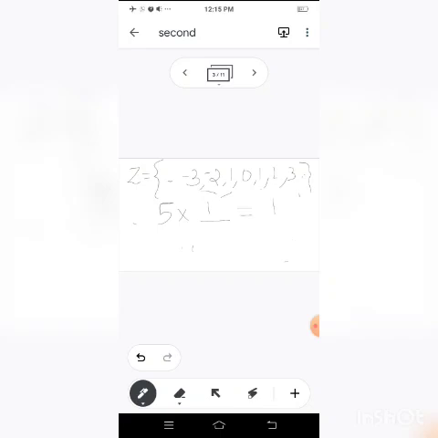We all know that 5 into 1 by 5 equals 1. 5 belongs to Z, but this 1 by 5 does not belong to Z. So we extend our number system to find the multiplicative inverse. That system is the set of rational numbers.